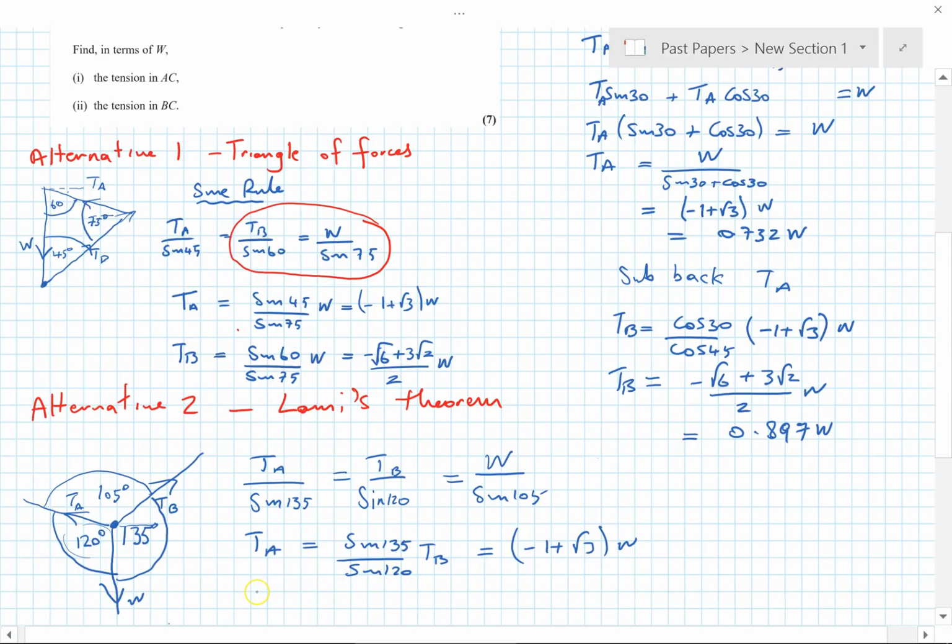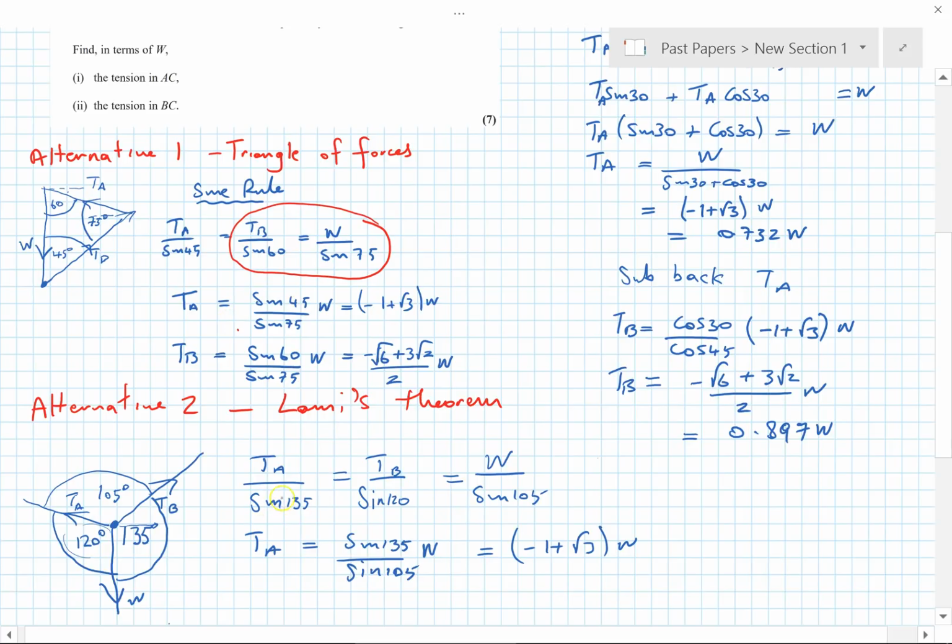Sorry, that's W, so there. That should be W. And it should be sine 105 there. Basically I'm doing the equivalent in the second line.